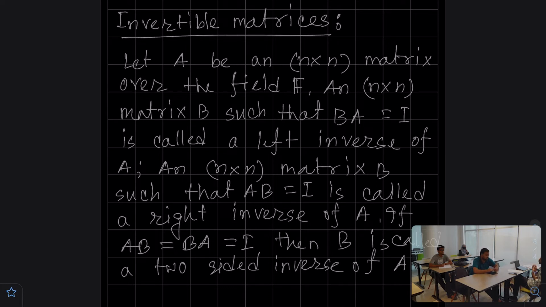When commutativity exists, the left operation and the right operation mean the same thing, but it is possible that these two are not the same operation. That's why we are considering this.